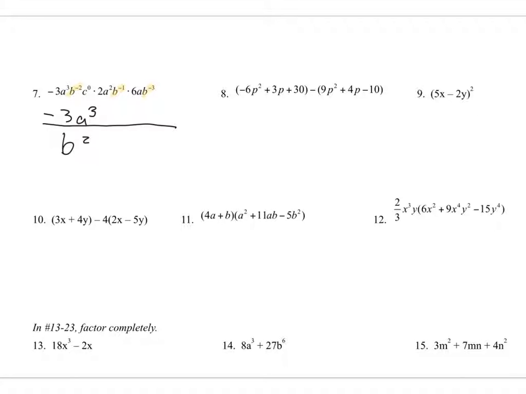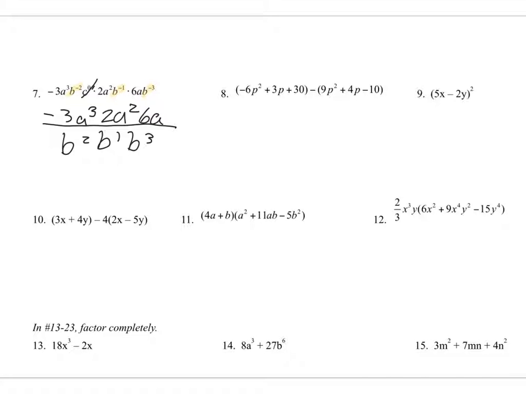C to the 0 is just 1, so that goes away. 2a squared at the top, b to the 1st at the bottom, 6a at the top, and b to the 3rd at the bottom. And from there, you would simplify so that you only have a's, 1a in the problem, and 1b, and it can be to whatever power you get.